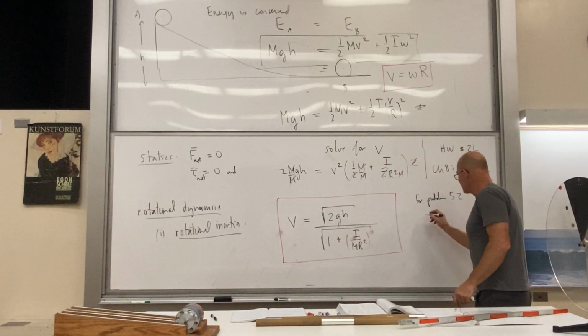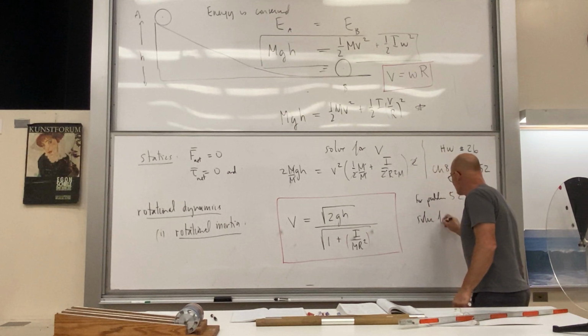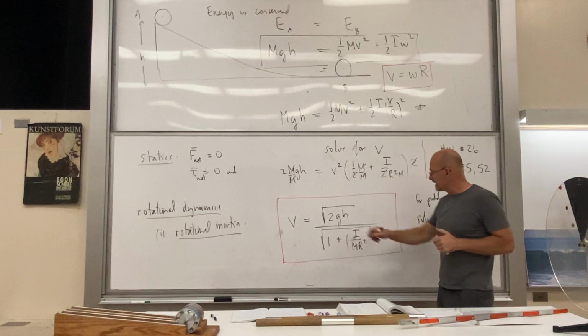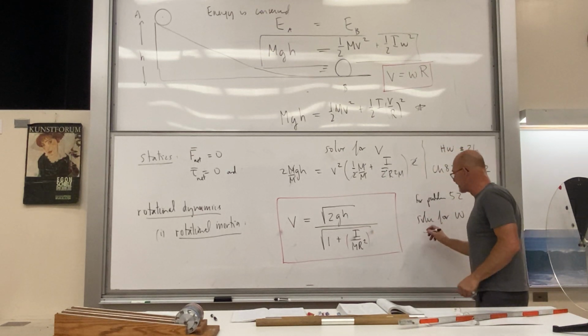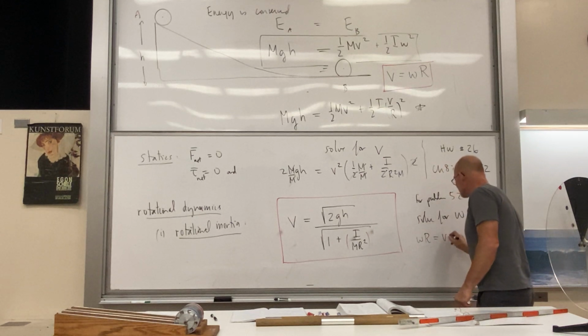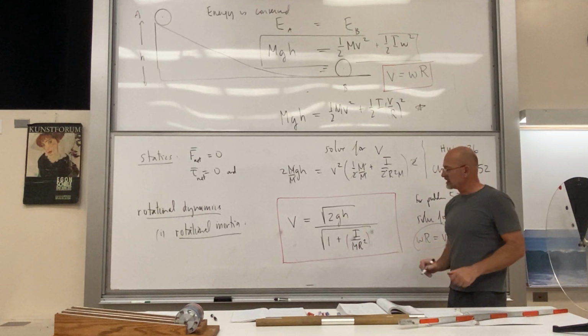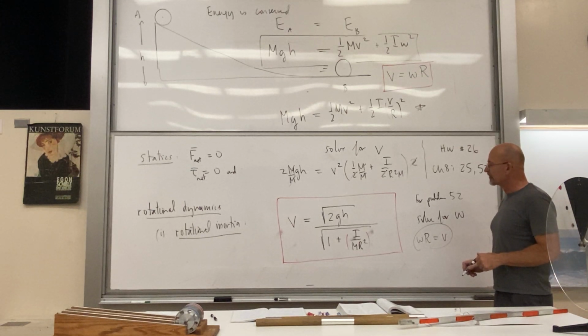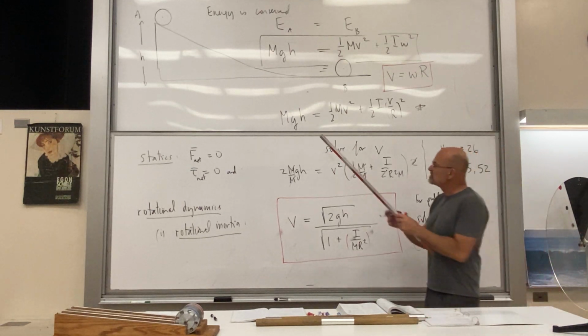So for problem 52, solve for omega. Here I solved for V at the bottom of the ramp, but we know that omega R is equal to V, so that shouldn't be too hard to do. I gave you H here.